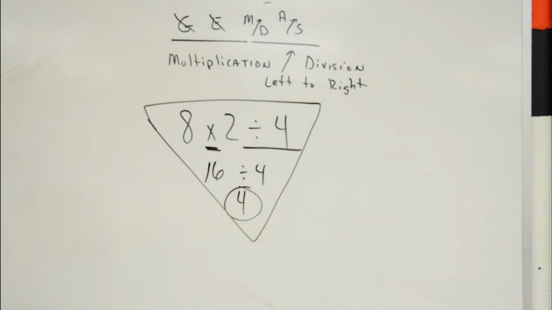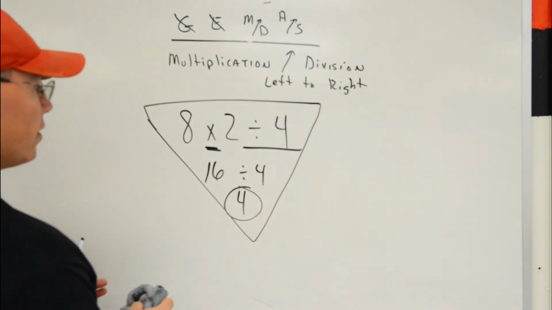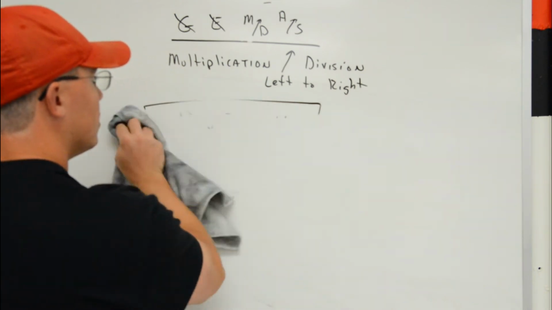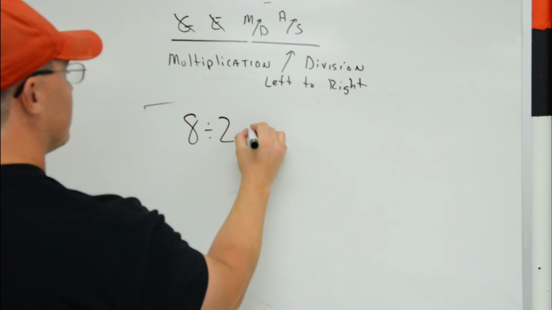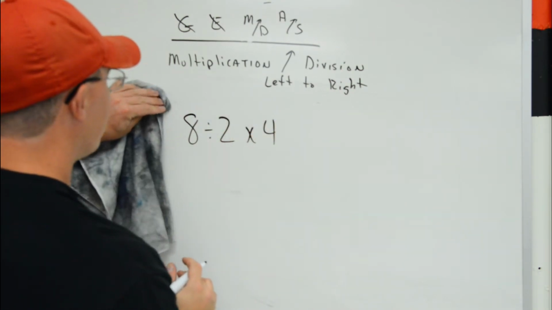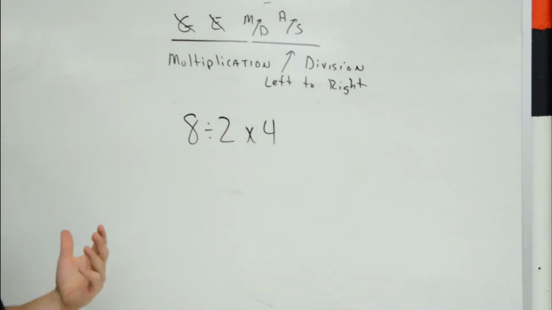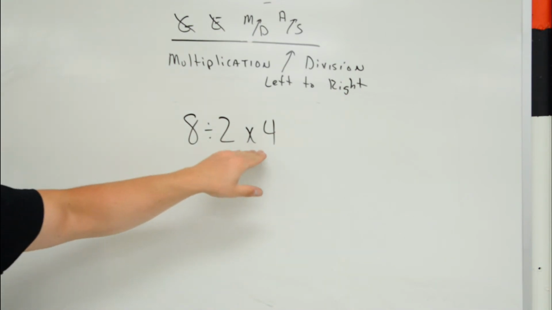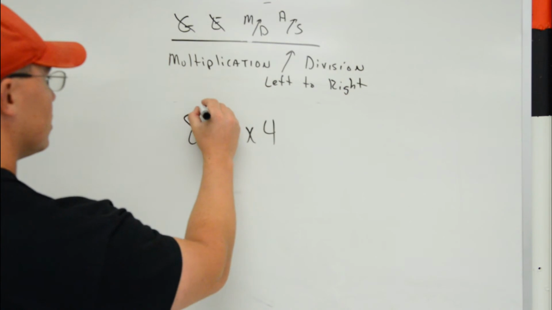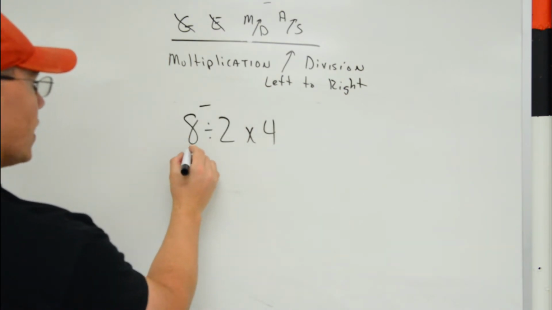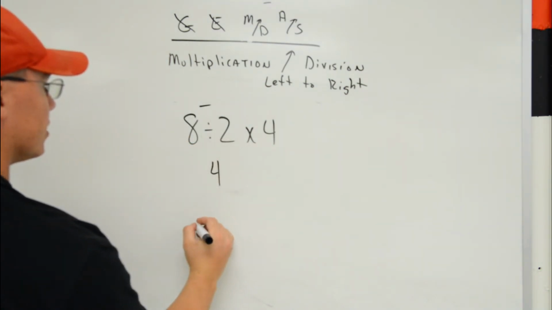Now, so what happens if you go the opposite way? Okay, so I'll write the same stuff out. Now, I change the signs. Now we're still going left to right. So instead of doing multiplication first, which one appears on the left first? Well, that's our division sign. So 8 divided by 2 gives us 4.